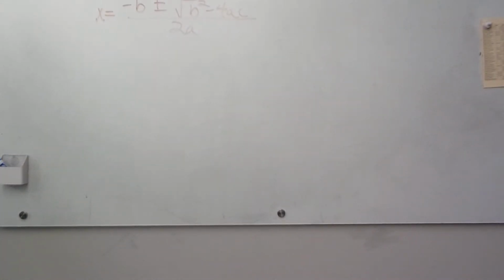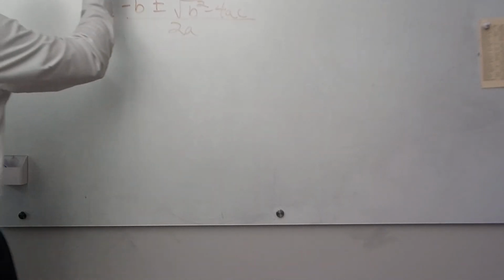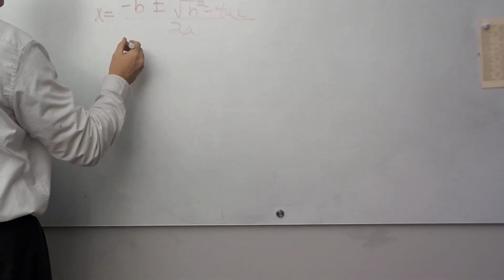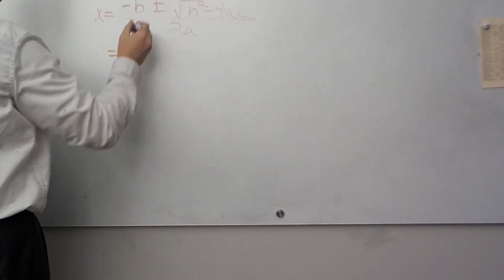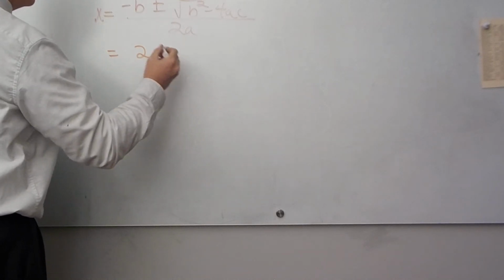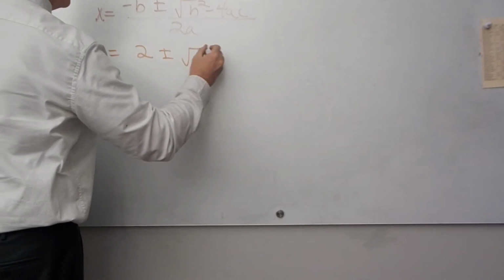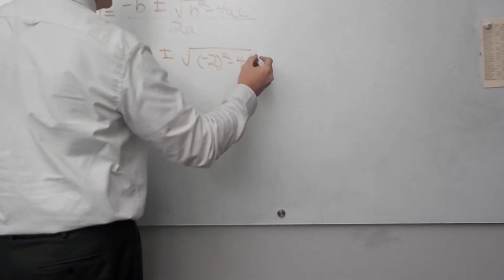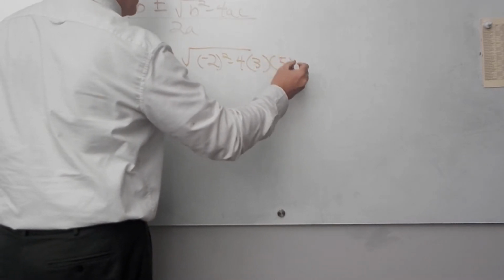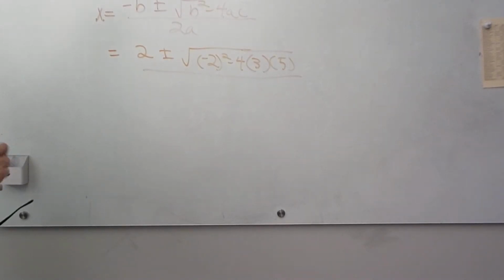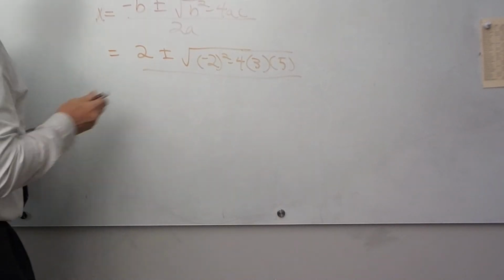And we will plug in a, b, and c. And we're looking at negative b, which is 2, plus or minus the square root of negative 2 squared minus 4 times 3 times 5, and that's over 2 times 3.